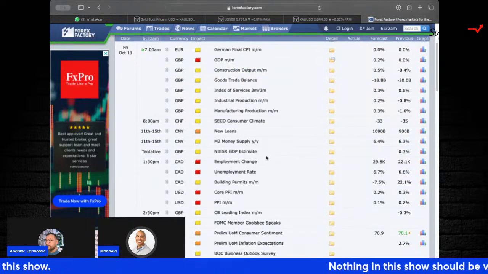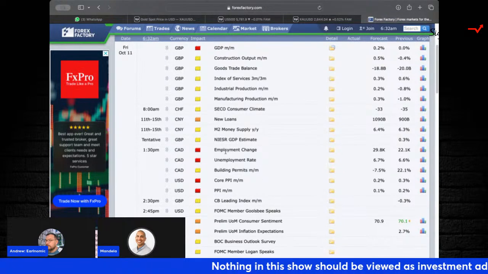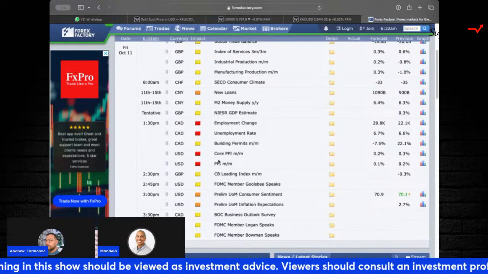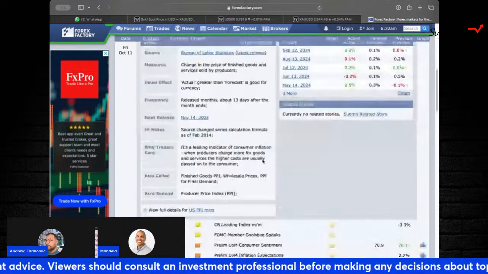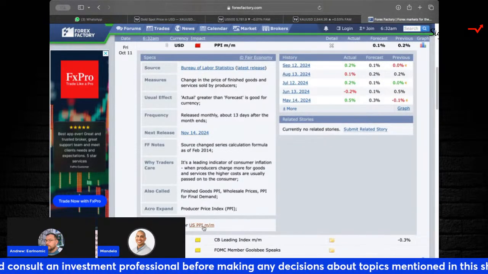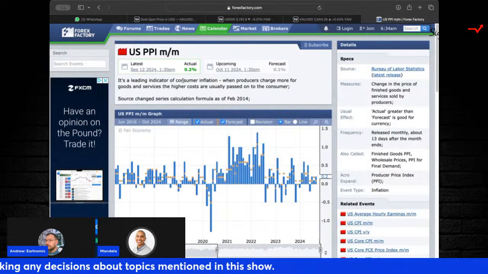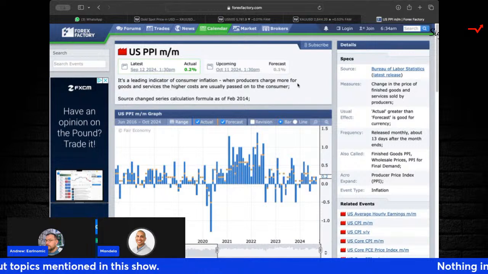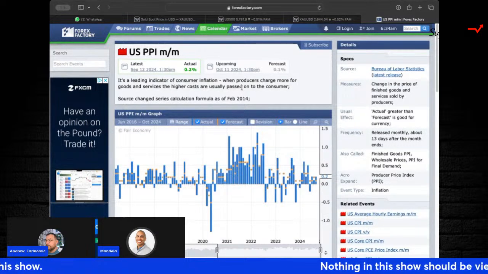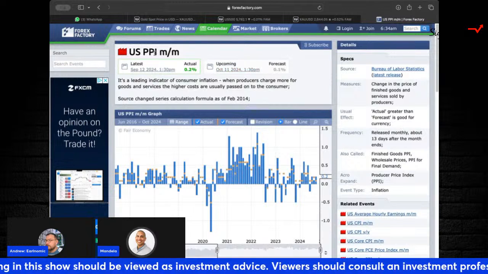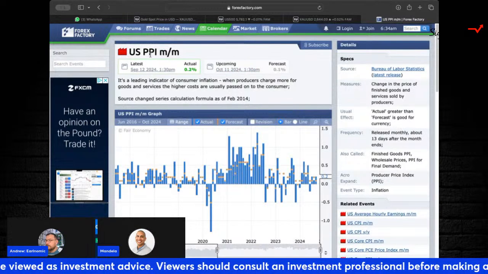Out of the US today, Andrew, we'll just mention the employment data out of Canada at 1:30. But also at 1:30, there's going to be some headline news out of the US. You were telling me about this yesterday. It's PPI. PPI stands for Producer Price Index, the leading indicator of consumer inflation. When producers charge more for goods and services, the higher costs are usually passed on to the customer. So yesterday we got consumer inflation; today PPI is producer inflation.